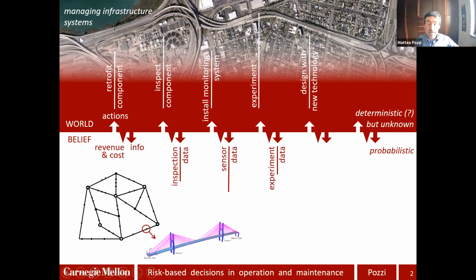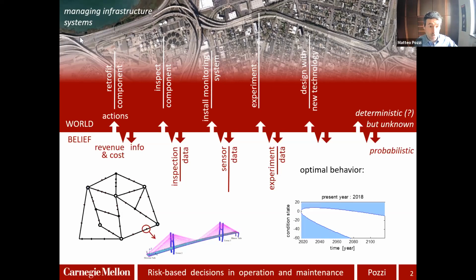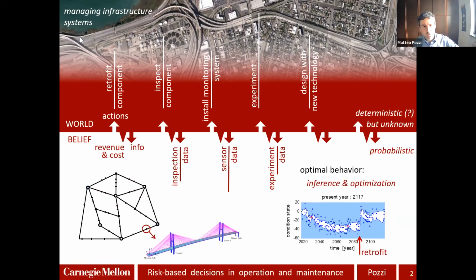And we can use a probabilistic framework to model what we know and what we don't. And overall, this optimal behavior is an interplay between some long-term prediction that we refine by processing more and more data, including the prediction of what would be the effect of our action.